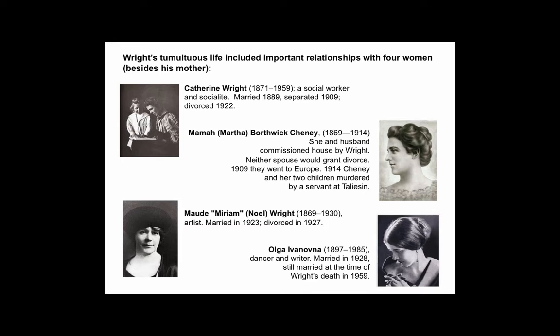They get divorced a few years later, and Olga Ivanovich comes up to Wright and says, "I'm going to marry you and I'm going to take care of you." So she did, and he was married to her for the rest of his life, and she ran the show.